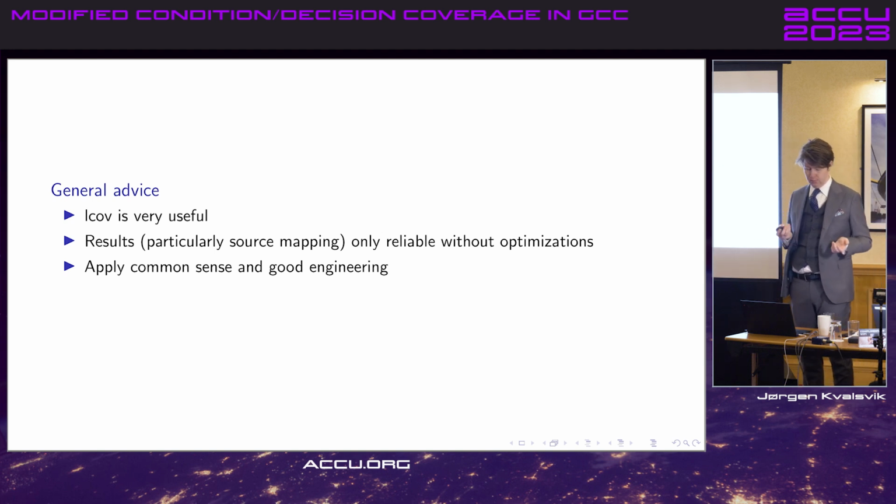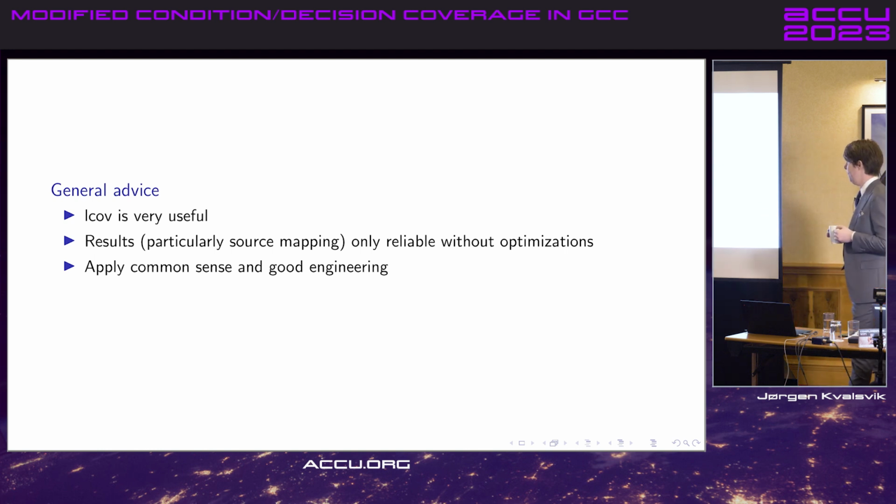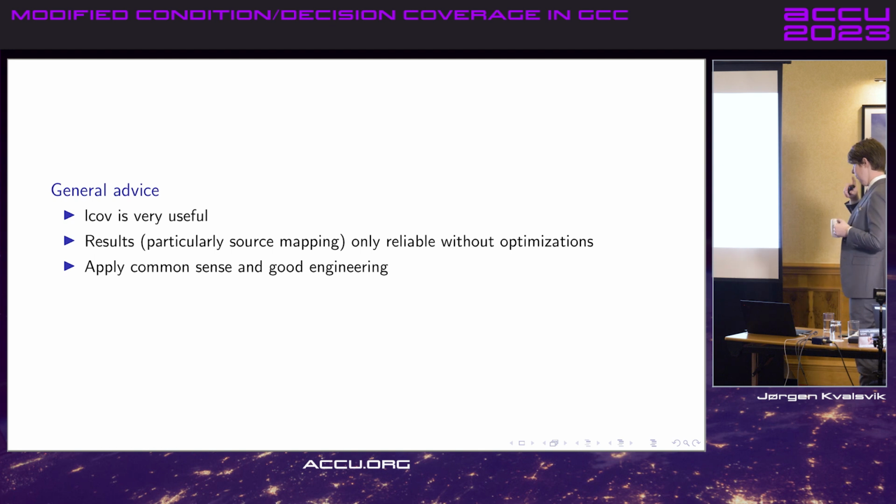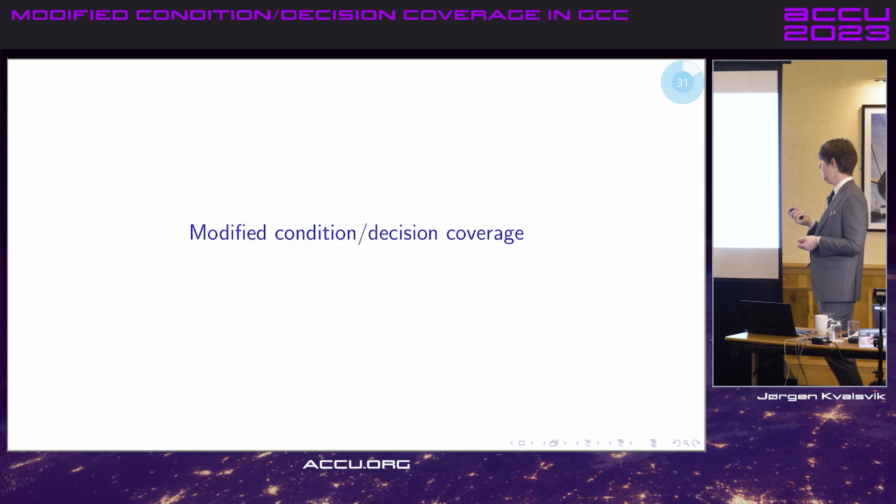So this could bring some constraints, or it could be impractical, especially in things like games. But in games, I'm not sure if you would do this anyway. And sometimes you want some optimizations on so that the right kind of elimination will kick in. There are reasons to build even test builds with optimizations. Particularly the source mapping is vulnerable to this. And just apply common sense and good engineering when working with these metrics.